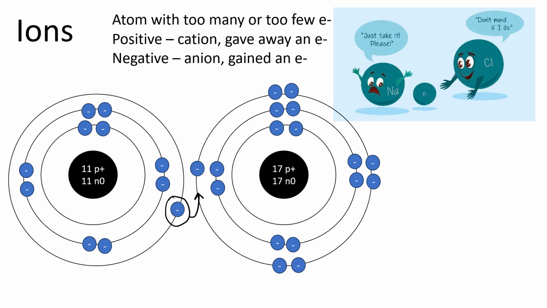The sodium atom then becomes a cation because now it has 1 excess proton. Our chlorine atom now becomes the chloride anion because it has 1 more electron than proton. It's really all about the outer shell.